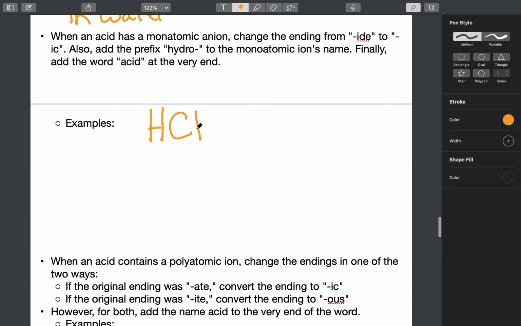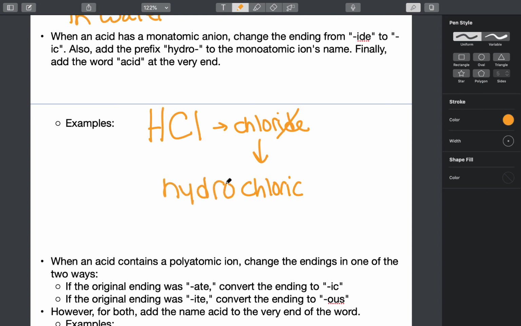Here we have the chloride anion, right? Because this is the anion, this is the cation. In order to name this, you would drop the "ide" and put chloric, and then you add hydro in the front: hydrochloric, and then acid. So hydrochloric acid.